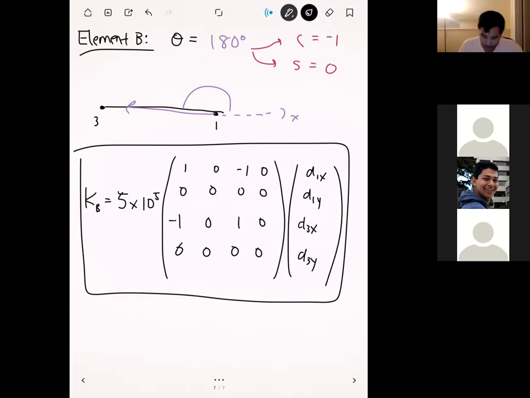Now that we have our element stiffness matrices, we're ready to assemble them into our global system. Since we have 3 nodes in this truss structure, we're going to have a 6x6 global stiffness matrix.